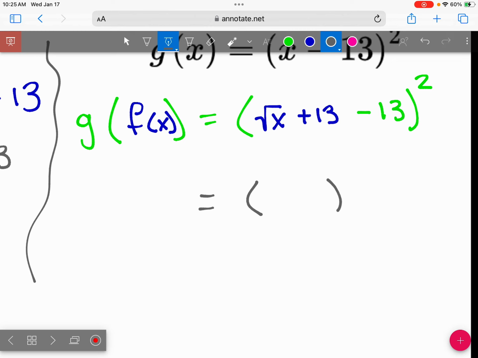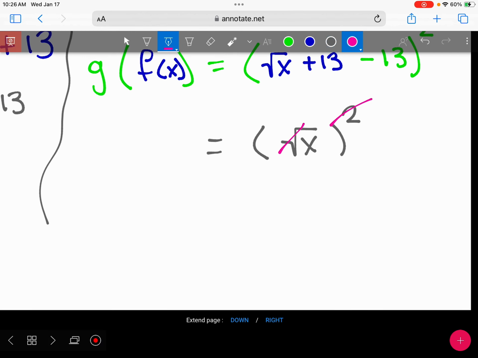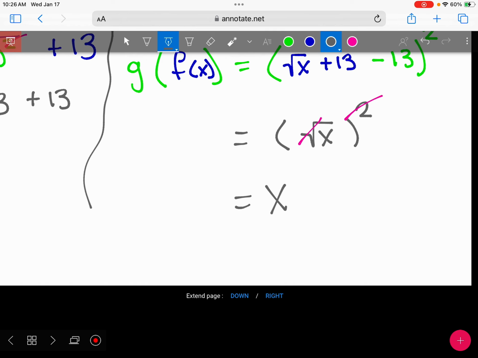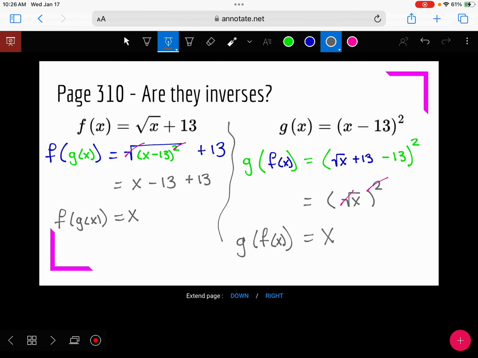So plus 13 minus 13, those go away. I've got the square root of x squared. And the square and the square root cancel out. They undo each other because they're inverse operations. But these two functions, are they inverses or are they not inverses? Inverse. They are inverses.